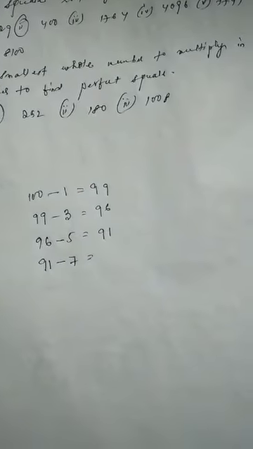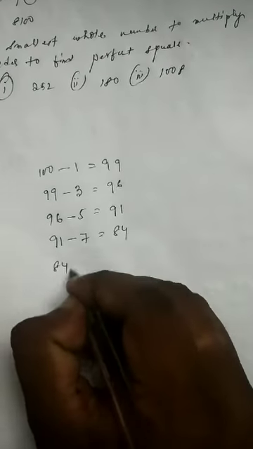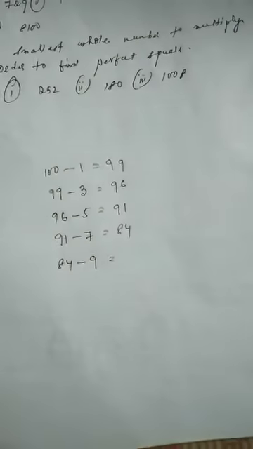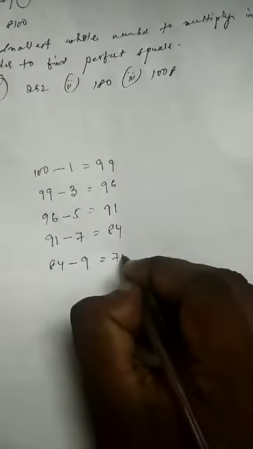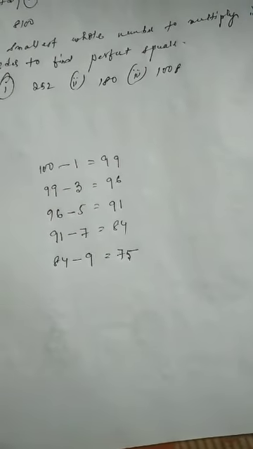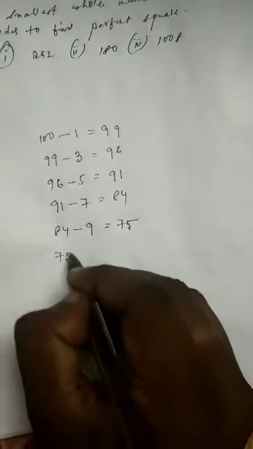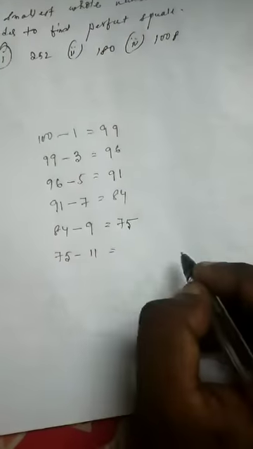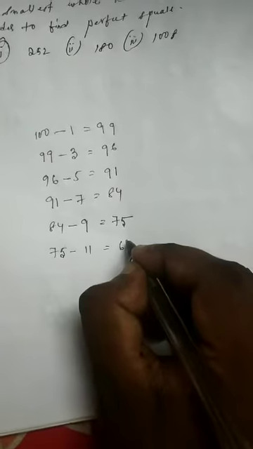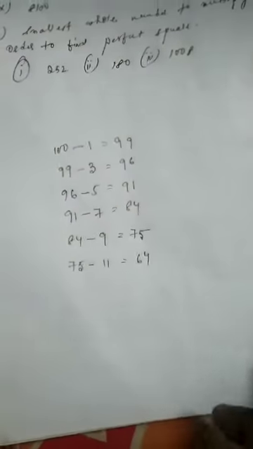Next odd number is 7, that gives 84. Next odd number is 9, that gives 75. Next odd number is 11, that is 64. Next odd number is 13, that is 51.